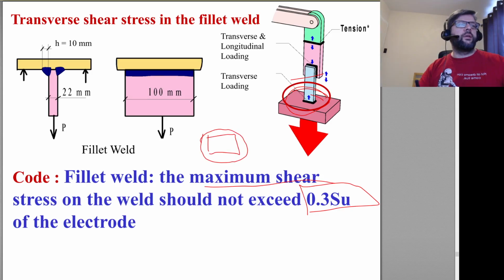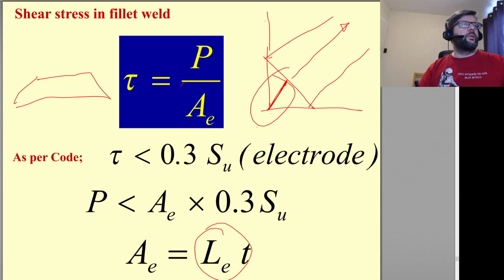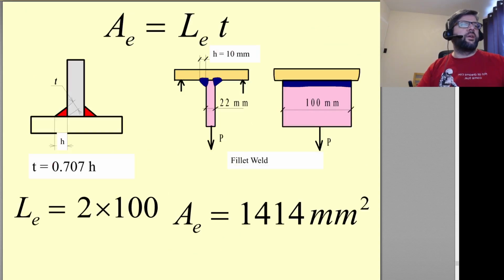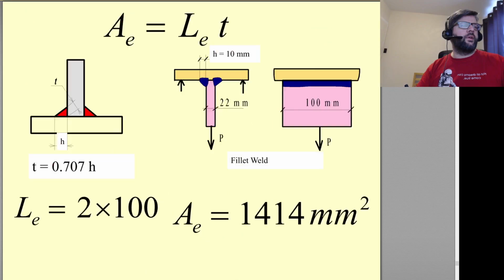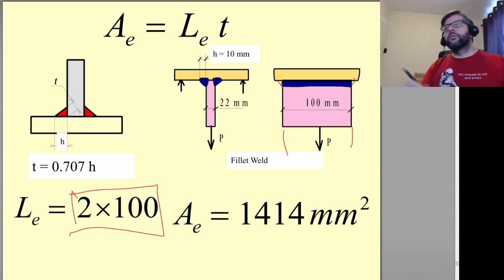So if it's all the way around, then basically we don't need to do that tapering down because it continues around the corners. So the effective length that we can look at is the 100 millimeters times 2, because we've got one weld on each side.